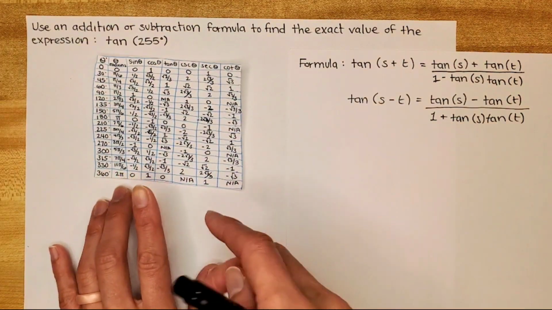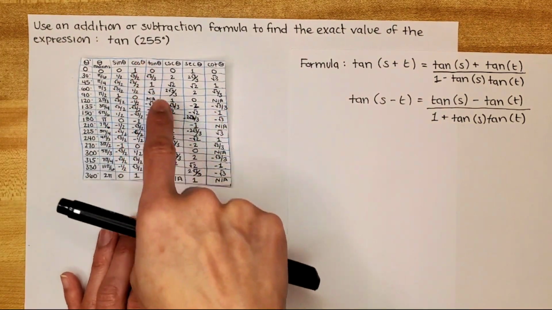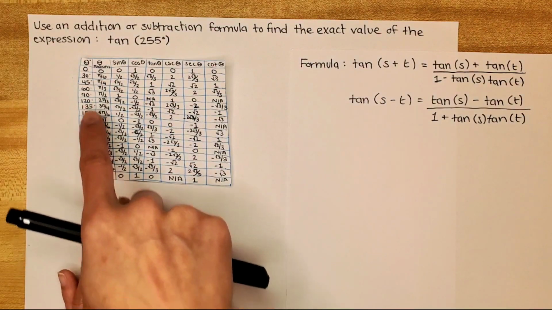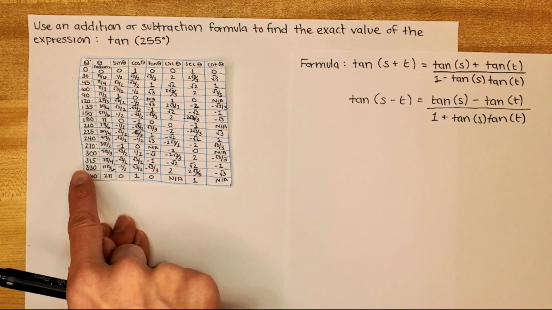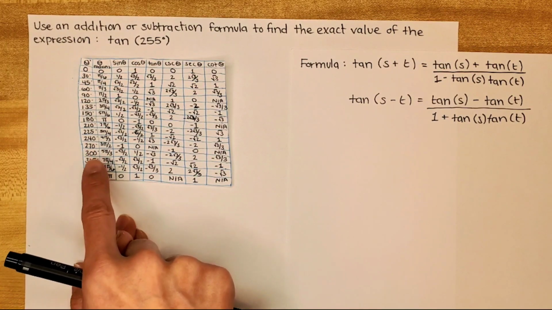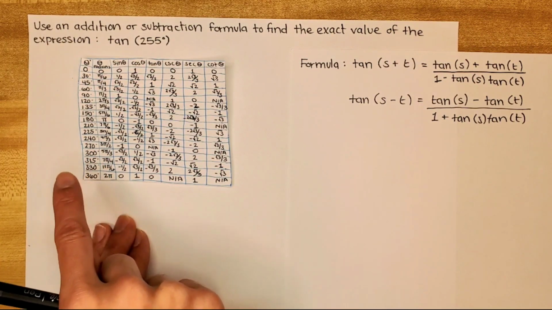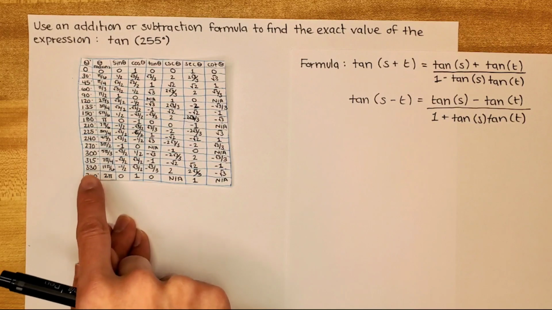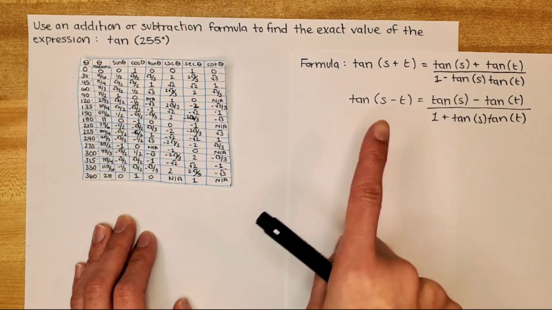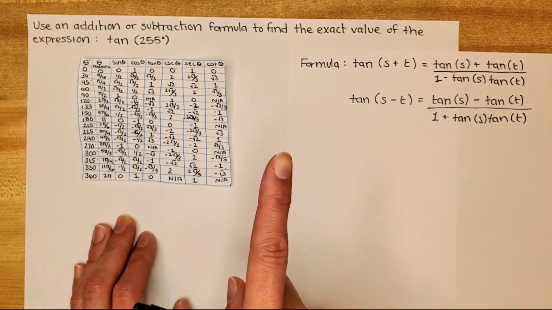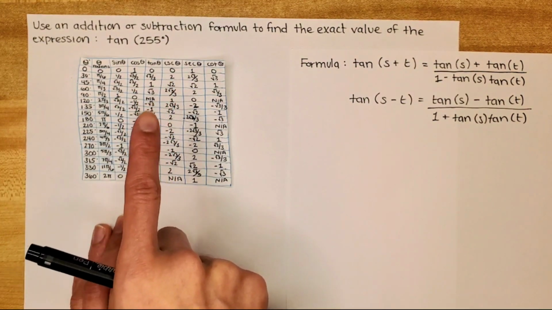What I mean by that is that when we're given a tangent of 255, we can see on the chart I have here that there is not a 255 degree special angle. And so that tells me that I will need to use an addition or subtraction formula for tangent in order to solve for the exact value of this particular expression.